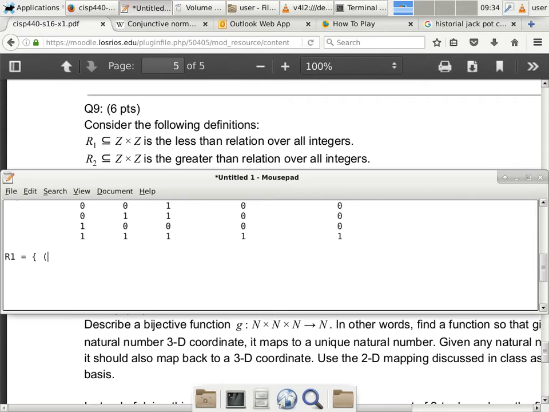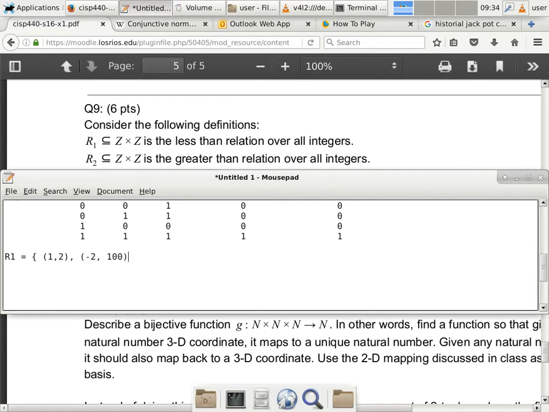We have to pick the second thing from integers as well. But we want the relation to be true, because that's what we keep in the relation, when it is true over these specific elements. So pick two integers where the first one is less than the second. 1 and 2. Okay, 1 and 2 is an element of the relation. Pick another one.